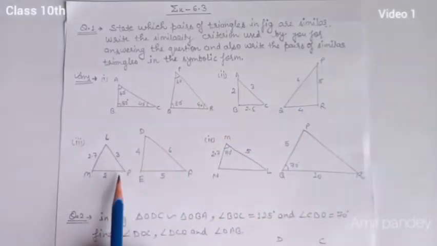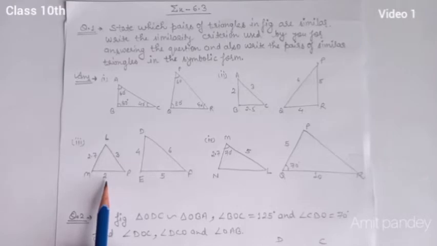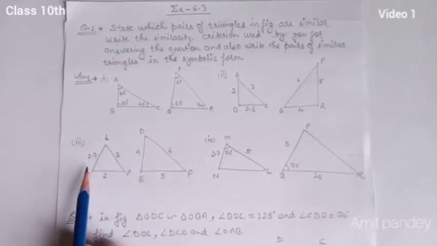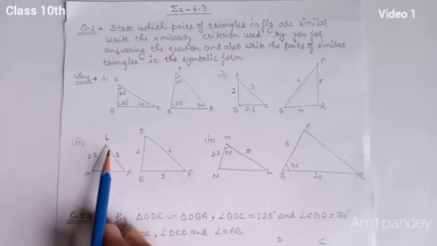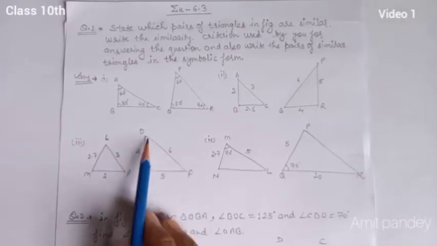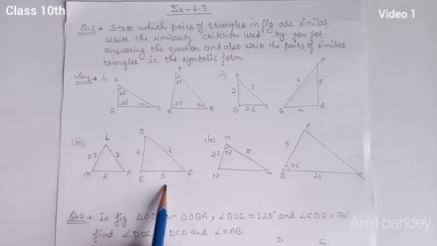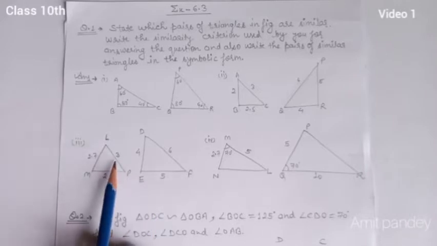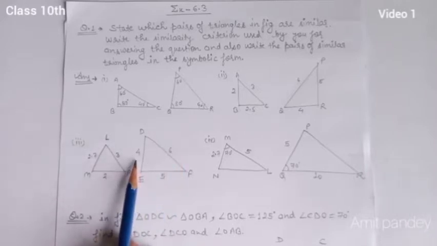So let's move to the third part. Students, here again lengths of sides are given. LM is 2.7, MP 2, and LP 3. In a similar way here DF 6, DE 4, and EF 5. Now check 3 to 6, okay, 2 to 4, okay.